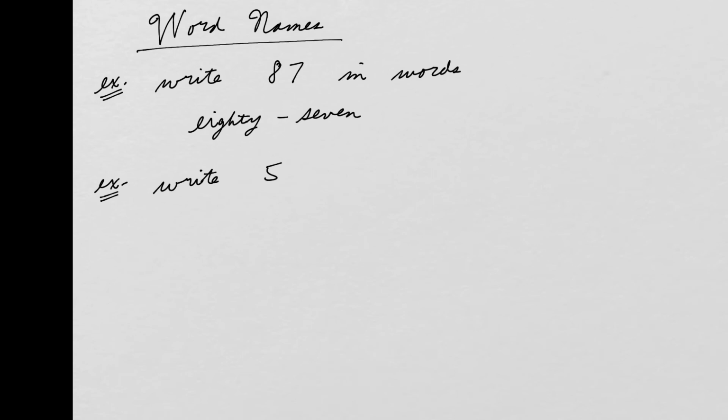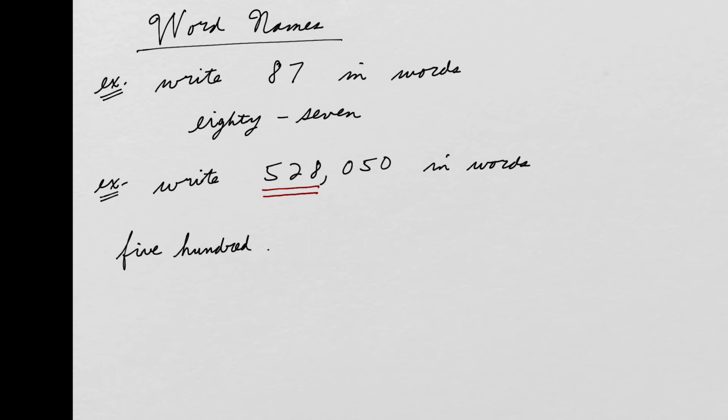This is called standard form. So 528,050. I'm going to write that in words. So the way that you do this is you look at the first group there, the first period, and you write the number within that period, right, which is 528. So I start by writing 528.